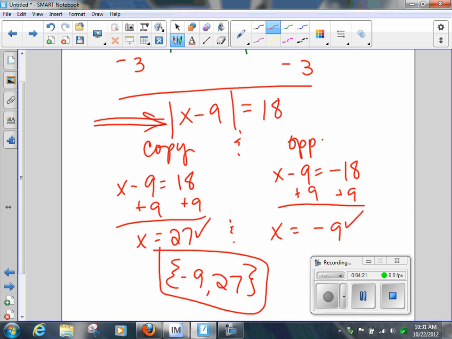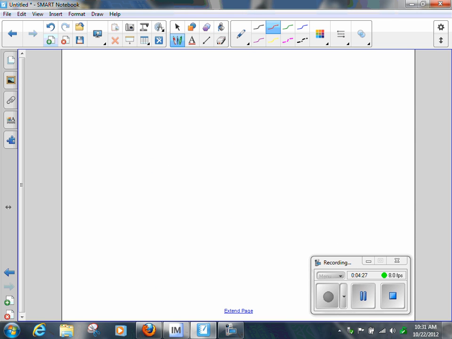All right, let's change gears. Go to bell work. Let's look at that. Are there problems that you need to see from the bell work?